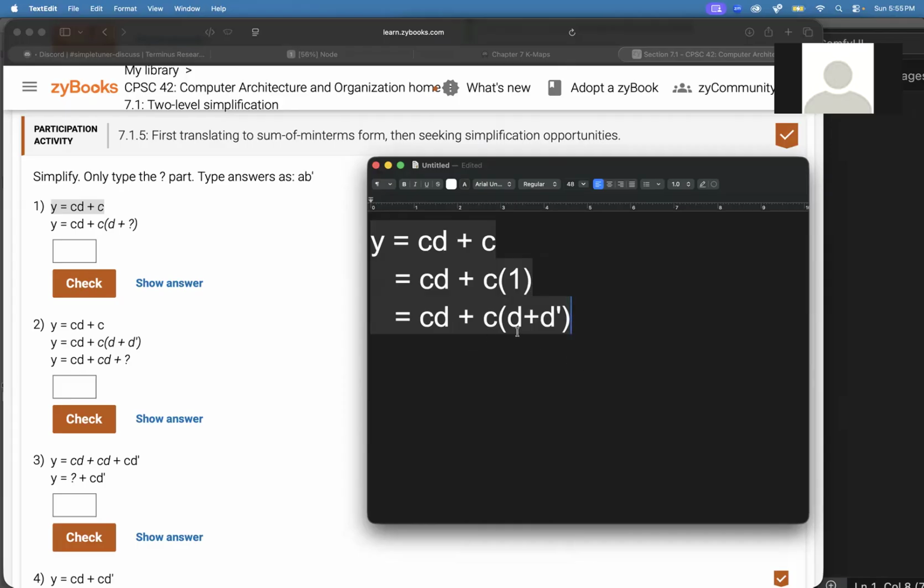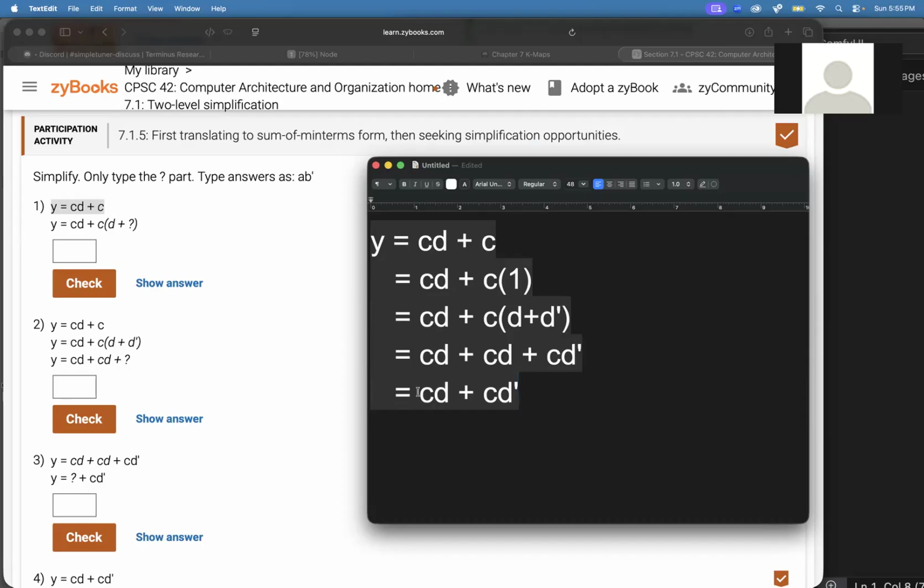So you're able to actually go C to C times 1, C times D or not D, then multiply that out, CD plus CD plus C times not D, C not D. And then it's redundant to have 2 of those. So you can just erase one of them. So just get rid of the middle term and have just the first term and the last term.